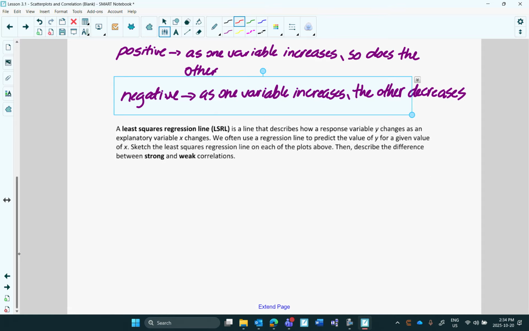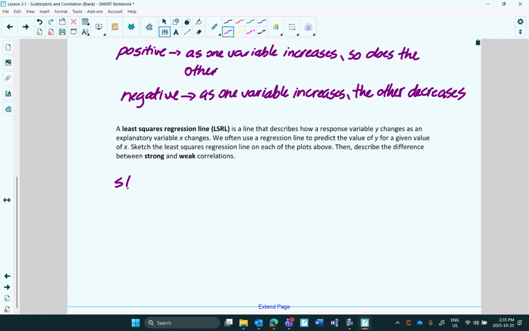So we were asked to describe the difference between strong and weak correlations. In a strong correlation, what do you notice about the points and the line that we placed on them? What's the relationship between the points and the line? They're close, okay? And the stronger the correlation is, the closer those points will be to the line.